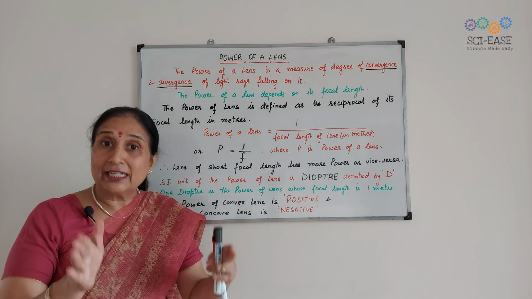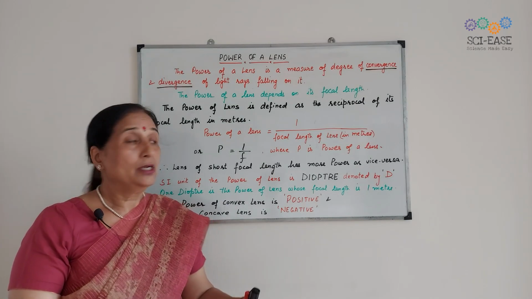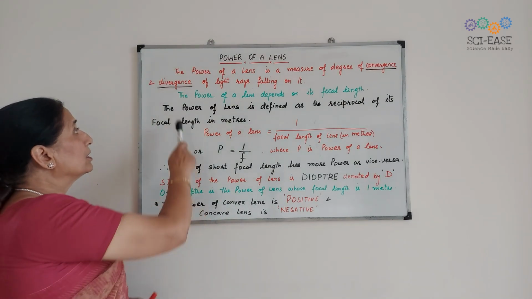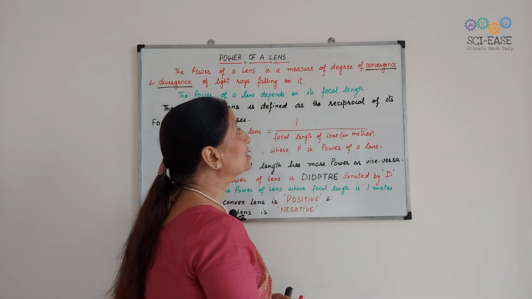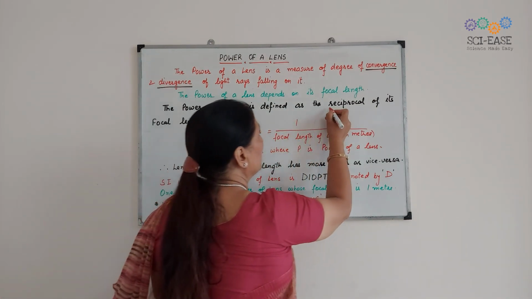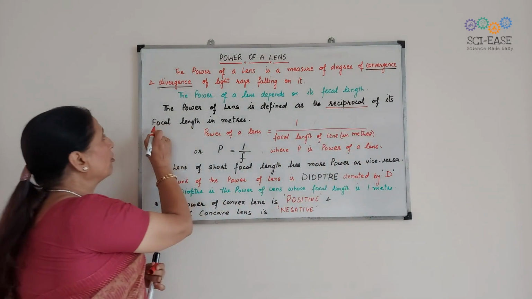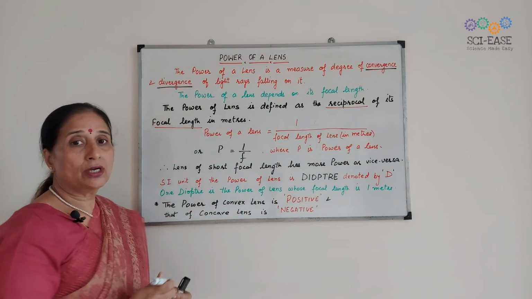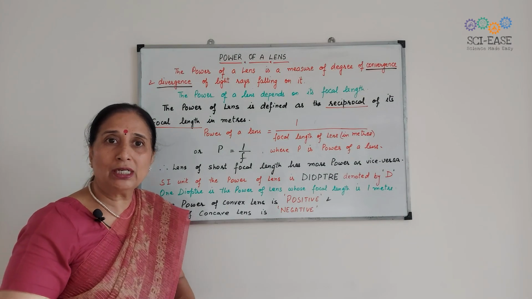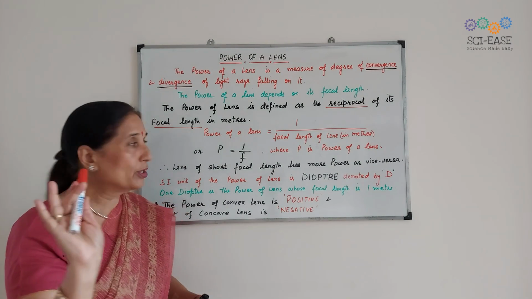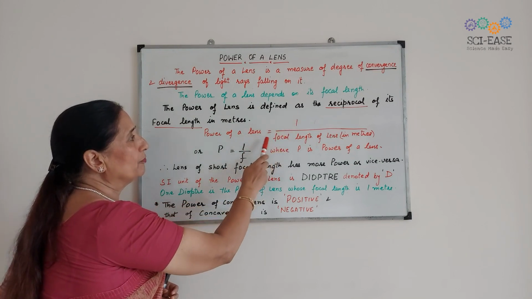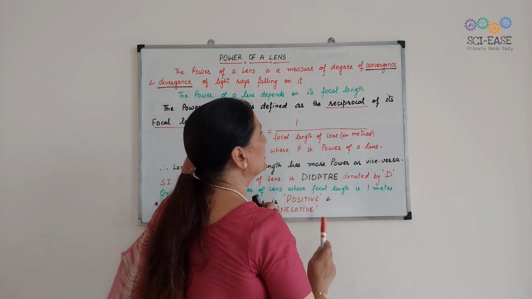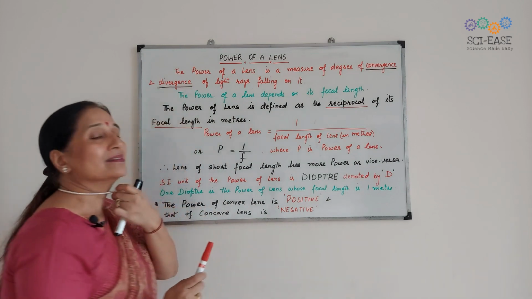So, the definition for the power is, the power of a lens is defined as the reciprocal of its focal length. What do you mean by reciprocal? 1 by. Okay. So, power of a lens is equal to 1 over focal length of the lens in meters.